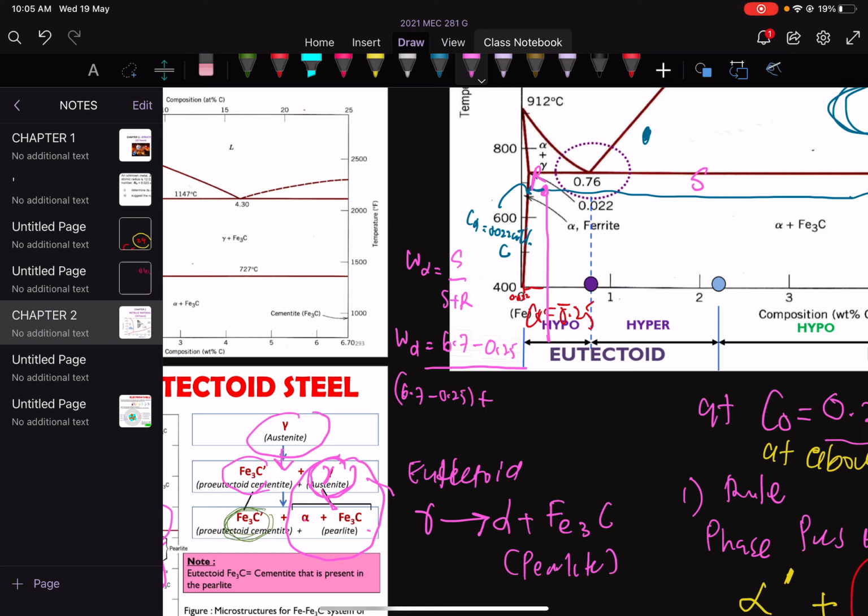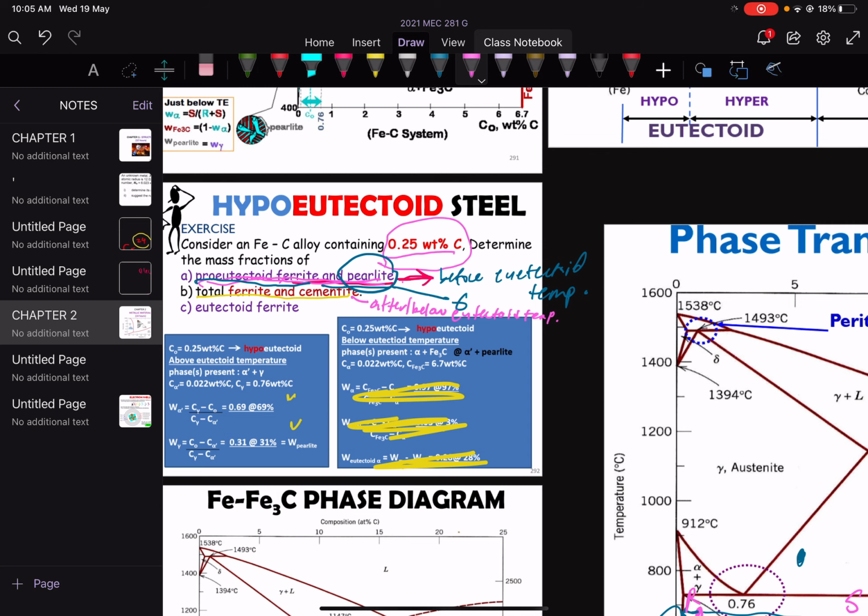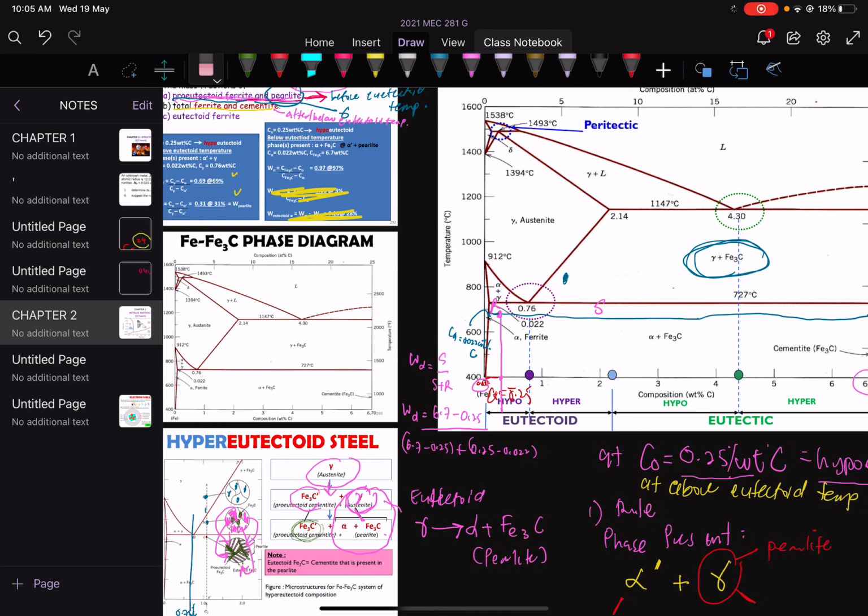R here is 0.25 minus 0.022. Okay, so you will get the answer. Weight fraction of alpha is 97%.